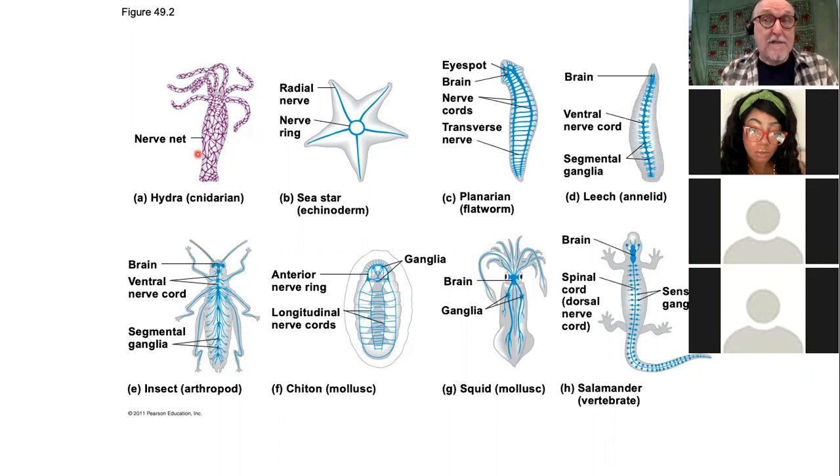There are higher organisms which also are radially symmetrical, and these are the sea stars, like the echinoderms, which are actually quite closely related to us, but they also have a radial symmetry, and it points to the huge disadvantage. A radially symmetrical animal does not have a front and a back. Instead, they receive information equally from all the way around, and they need to integrate that from all the way around.